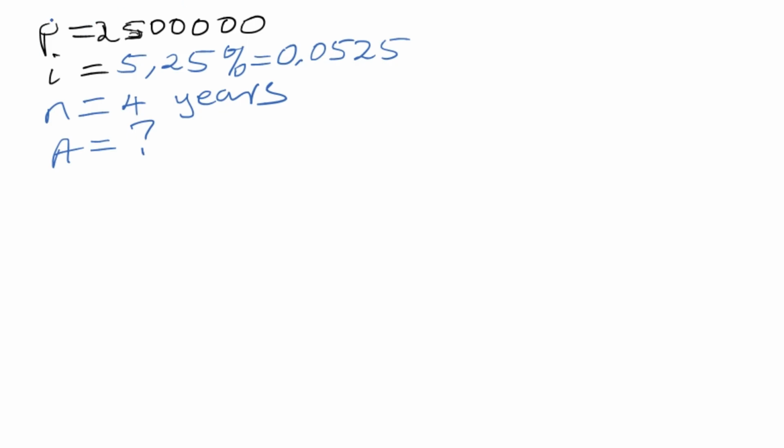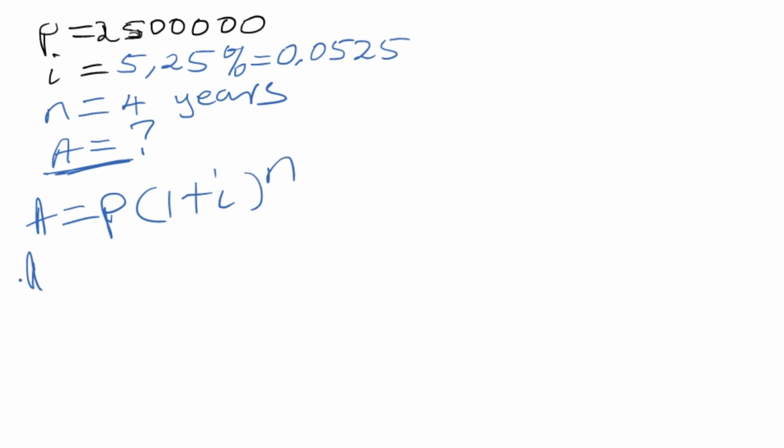So the shopping list that we have is this one. The value of P is 2.5 million. I, which is the rate, will be 5.25%, and then we divide that by 100. This is what we get. The time period from 2020 to 2024, we have 4 years, and we're looking for A. So now we can just write the compound formula. This is the compound formula.